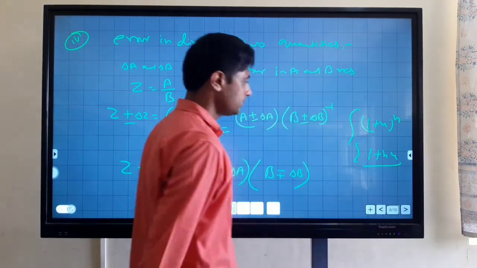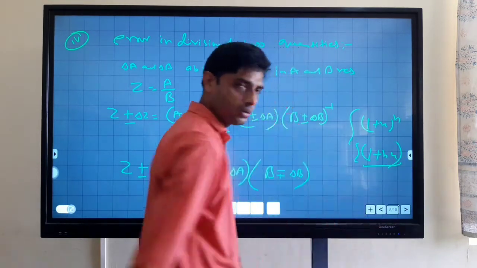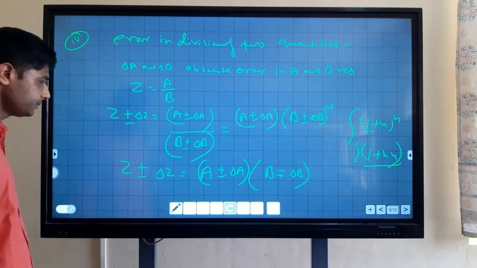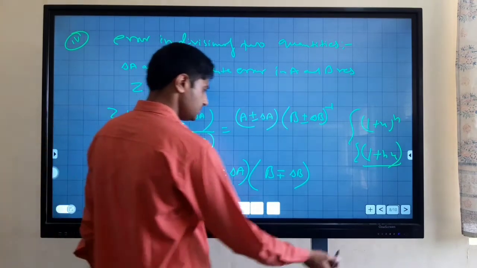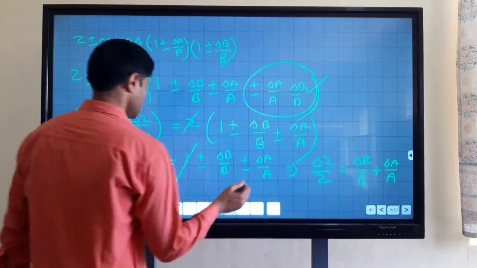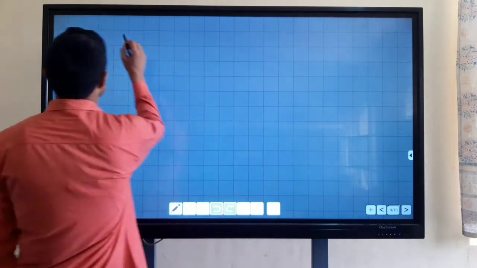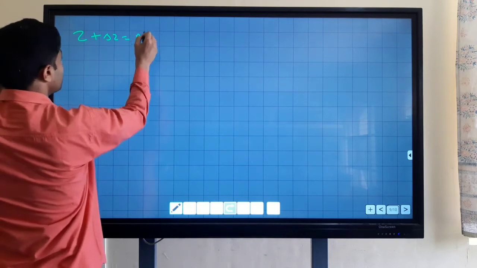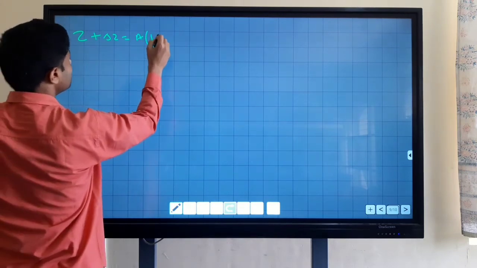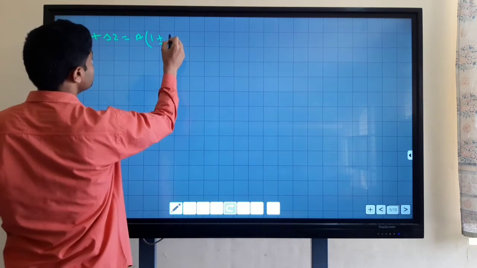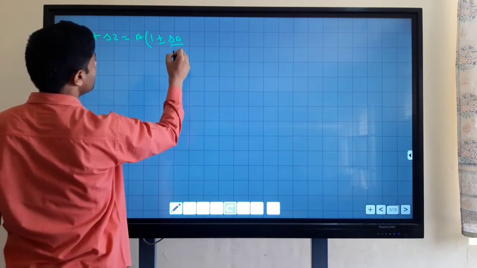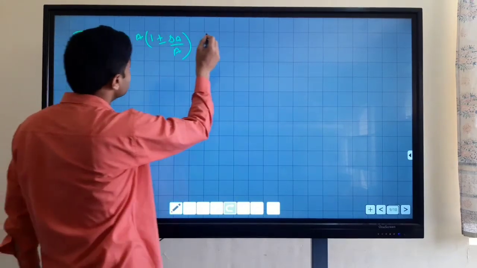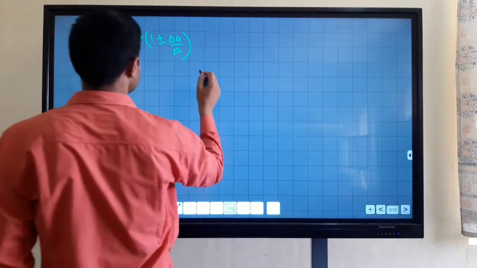It is by using the binomial theorem. Now we have to multiply this quantity. So Z plus del Z equals A, 1 plus minus del A upon A.